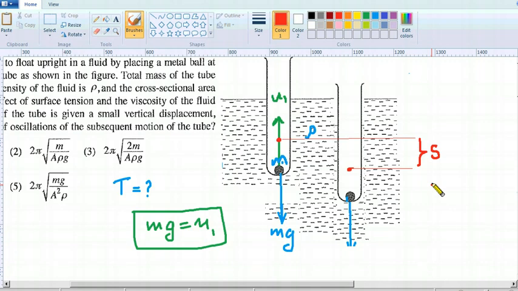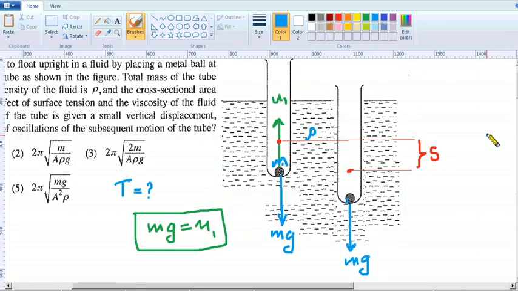So now, children, I made a mistake here. Did you notice it? Because now we know the center of gravity points are located at these places.